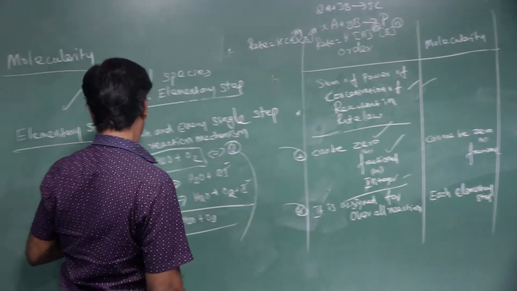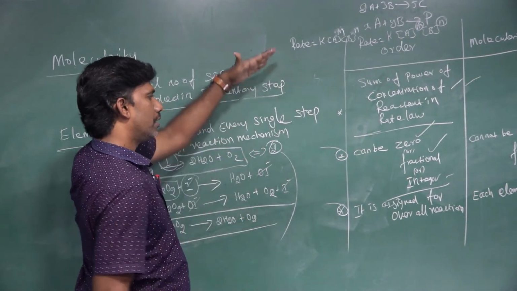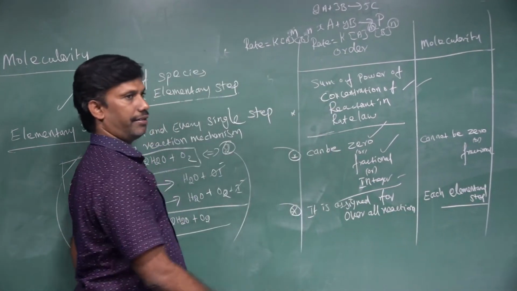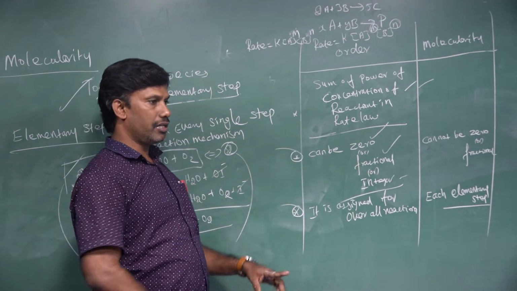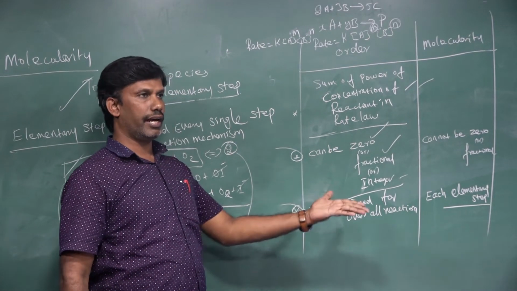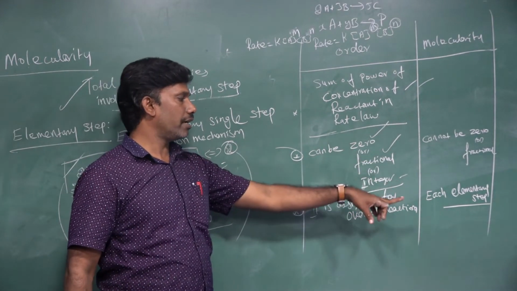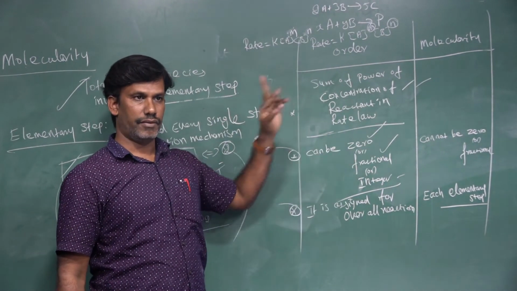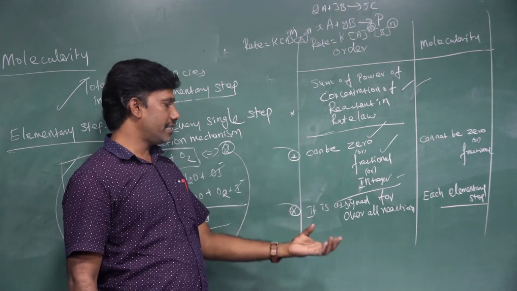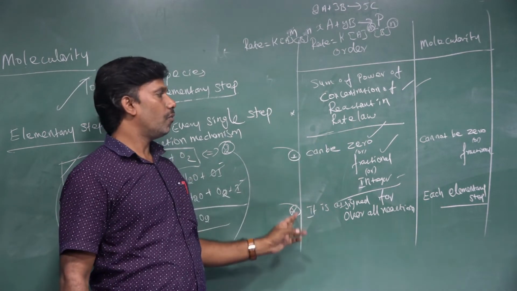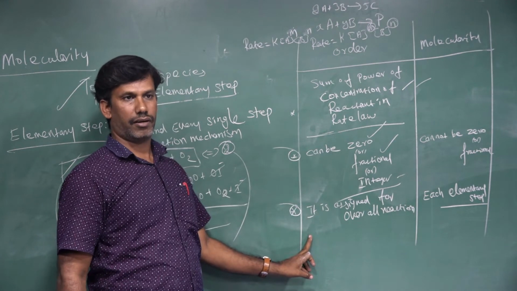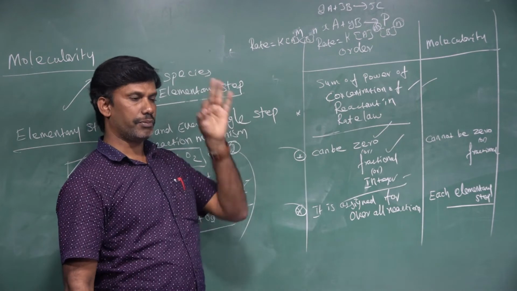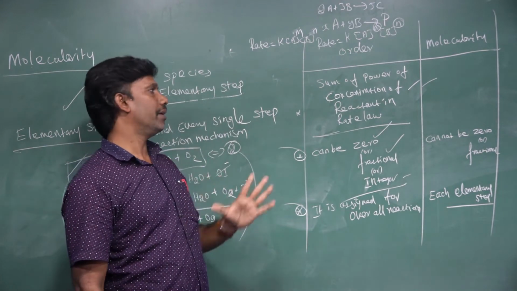Each and every elementary step has a different molecularity. For the reaction as a whole, you cannot say the molecularity; you have to say it for a particular step: for step 1 this, for step 2 this. But if they ask for the order of the reaction, the overall order is assigned. Molecularity is only for an elementary step.